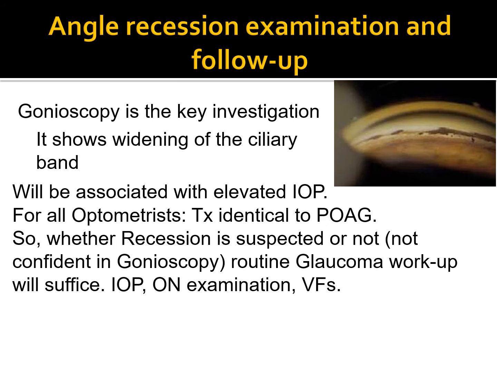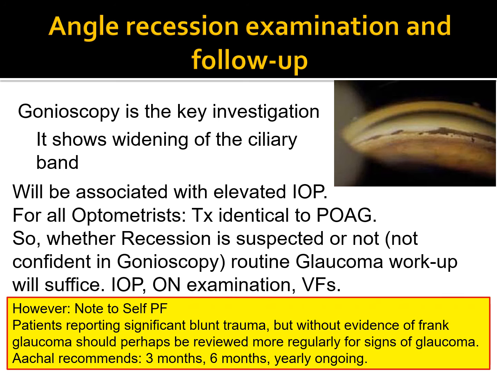Whether recession is suspected or not, routine glaucoma workup would be sufficient, I would suggest: IOP, optic nerve examination, visual fields. But a note to myself here, we do get a lot of patients in who say they've had trauma, and we may do an initial check and say that everything's fine. We dilate the pupil for retinal detachments and so on. But perhaps we should be thinking more about this.